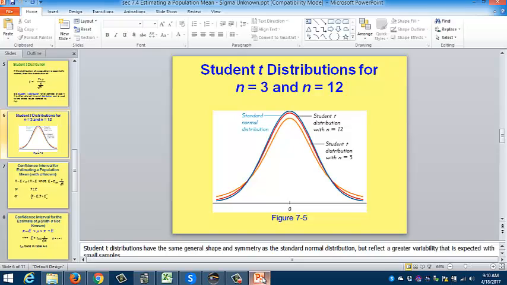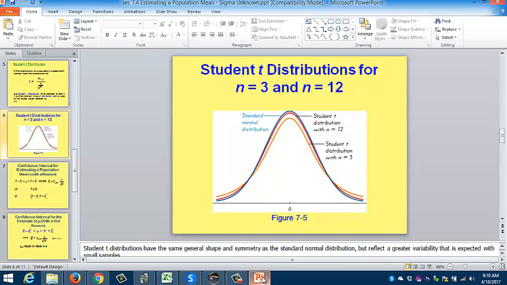You guys see that blue curve on top? That's the normal distribution. The T distribution is either the red one or the orange one. That's two different kinds. There are many kinds of T distributions, but every one of them looks a lot like the normal distribution. It's just a little bit smaller and wider.